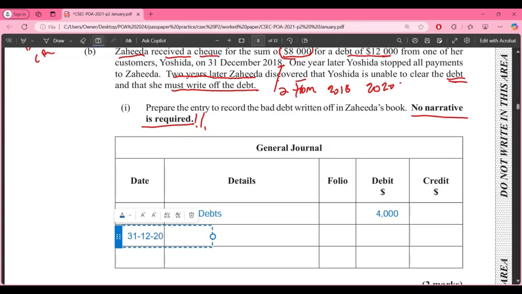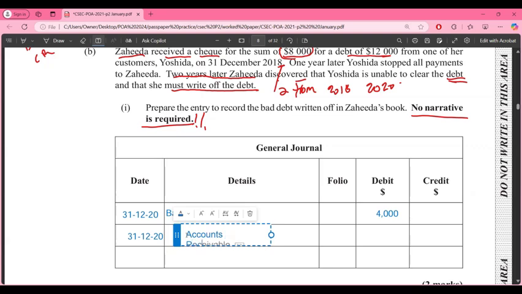So you're going to debit the bad debt account, and the same date applies for the corresponding $4,000 credit, and this will be reducing the receivables. We're no longer going to get that receipt. That amount is no longer receivable.